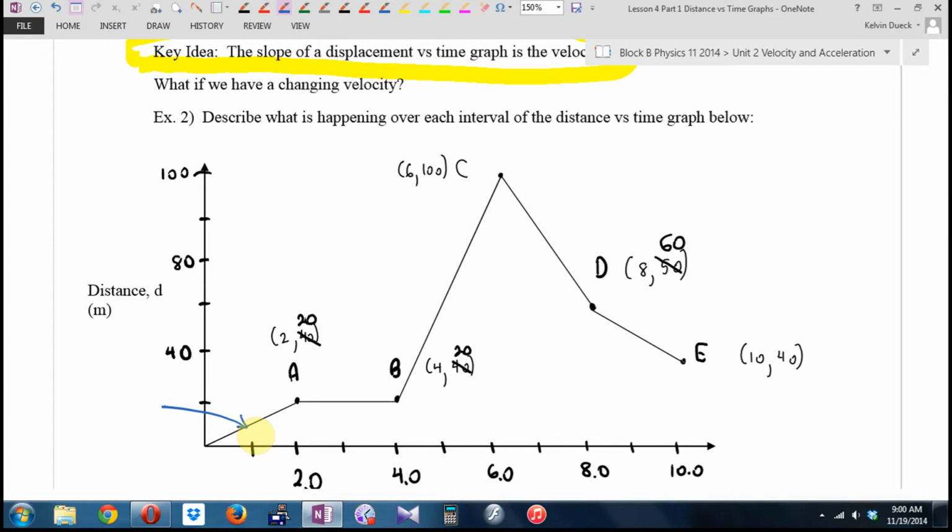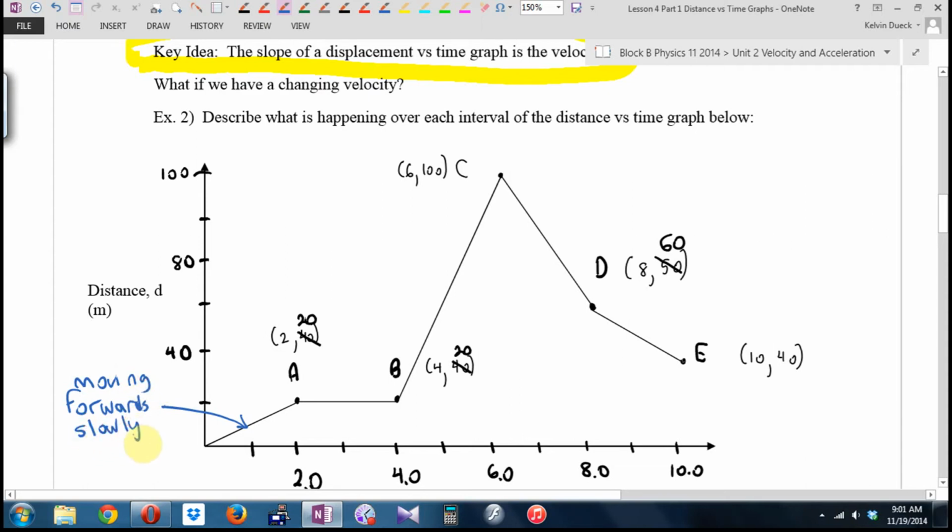Fast or slow compared to some of the other speeds you see on this graph? So let's go right, moving forward slowly. We'll find better, shorter ways to write that in a while. We would say small positive velocity, but we'll use non-physics words right now.